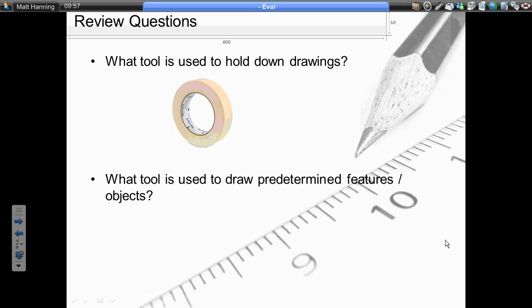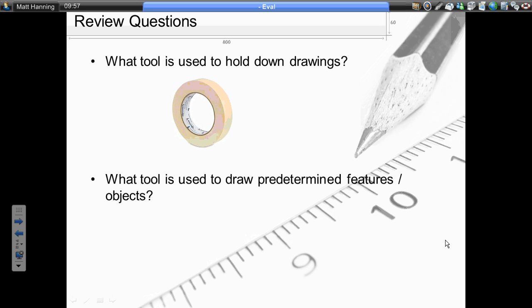And what do you use for predetermined features? Say a circle or text, or what was the one you had there, Devin? That unique one? You had a unique one. The little green thing.